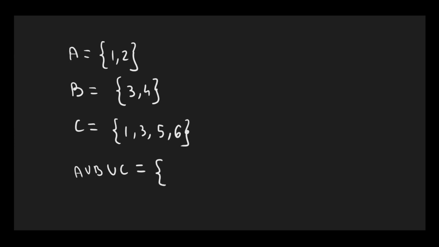So we take the list of all the unique elements from A, from B, and from C, and we combine them together in just one set. So from A we can take 1 and 2, we can take 3 and 4 from B, then from C we already took 1, we took 3, but we didn't take 5 and 6, so we can write 5 and 6. So that's the answer.